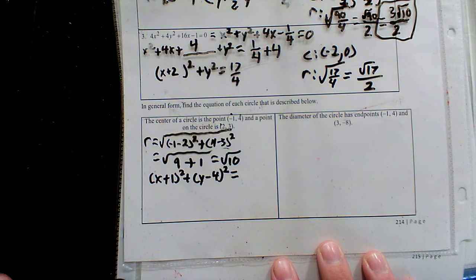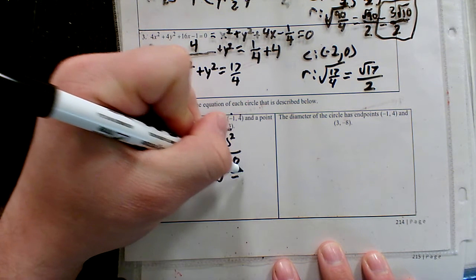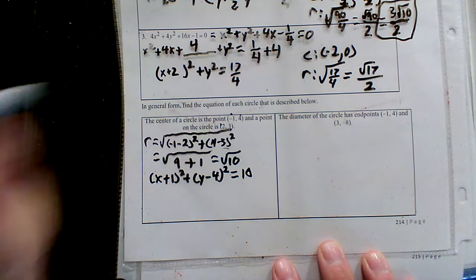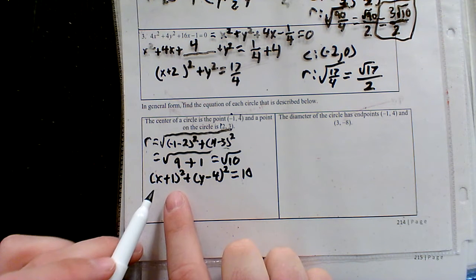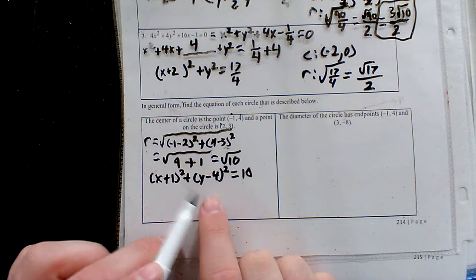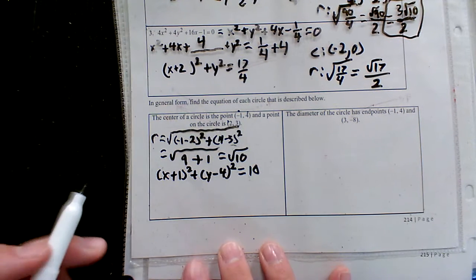Again, we took our center point and plugged it in, and then you square your radius. Well, the square root of 10 squared is just 10. So that's center radius form. They want general form, so we have to actually expand that now. So we have to do x plus 1 squared and y minus 4 squared and expand that all out.